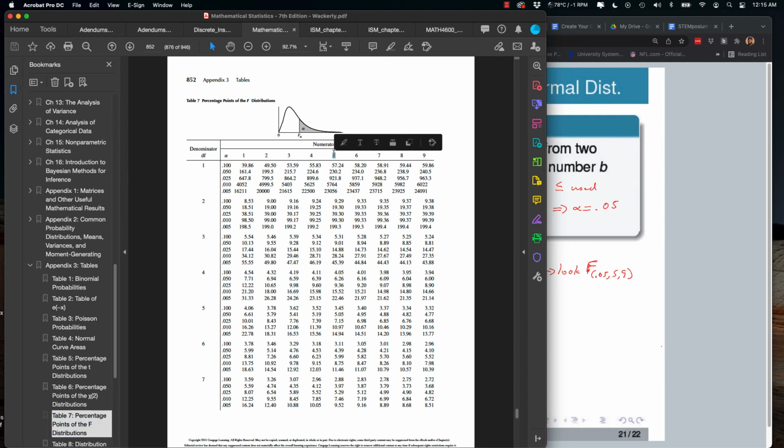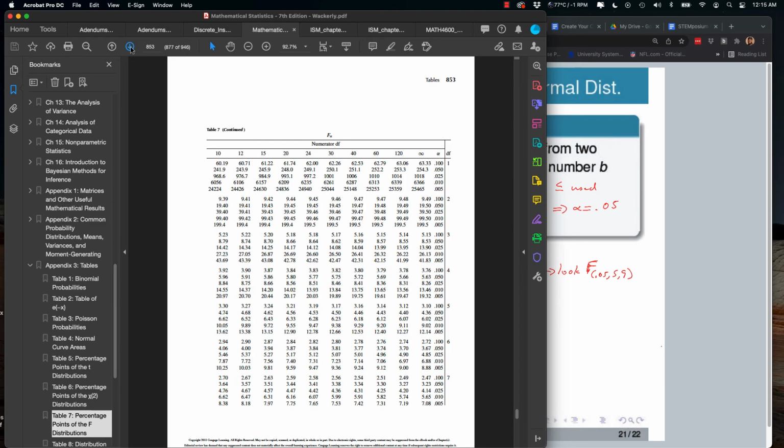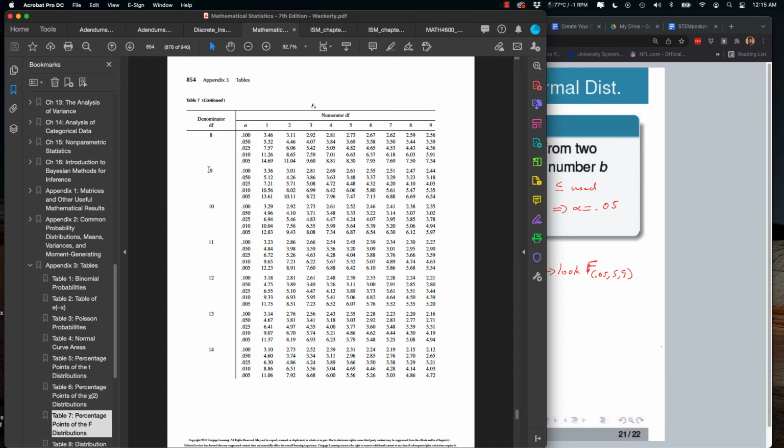Denominator degrees of freedom are 9, but you don't see 9 here, so we need to go to the next page until we find denominator degrees of freedom 9. So go into column 5, row 9. We're right here in these values right here.